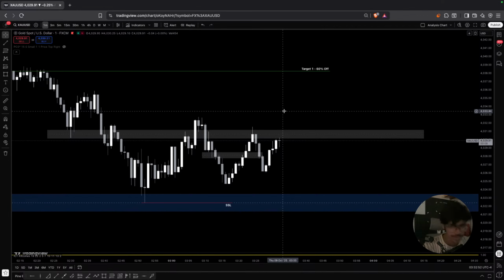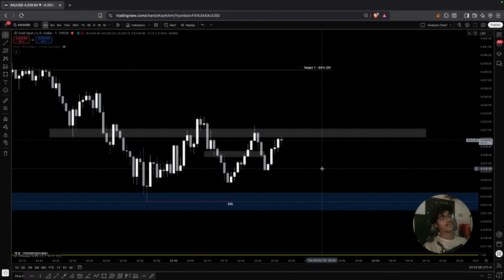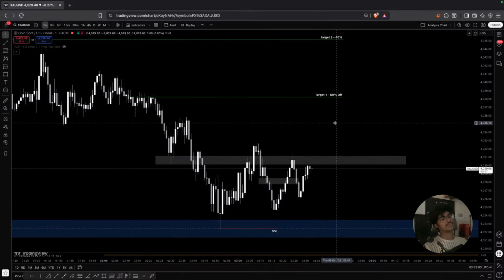It's taking too much time to form the setup. Anyway, we'll have to wait for the time. Not a proper shift in market structure.